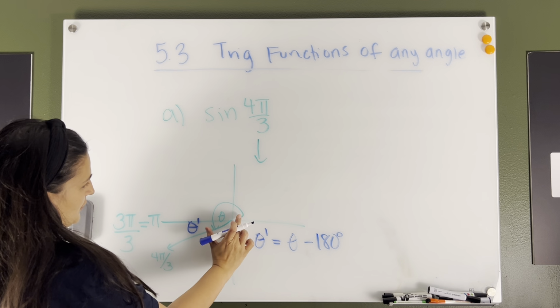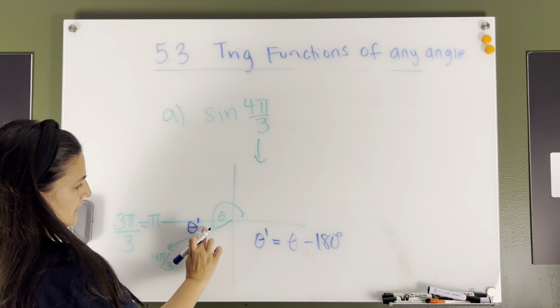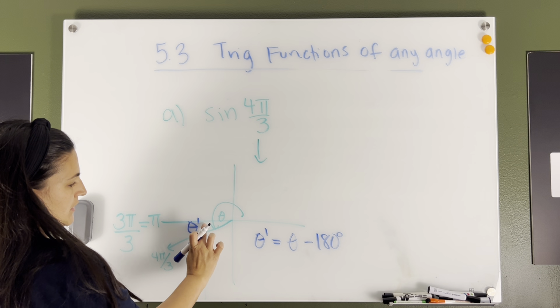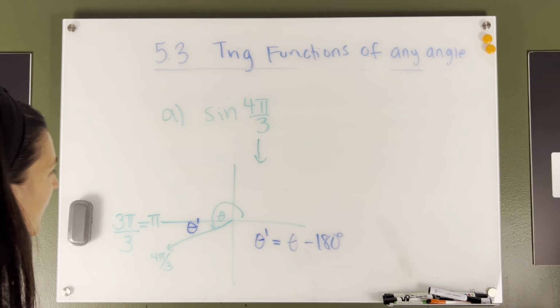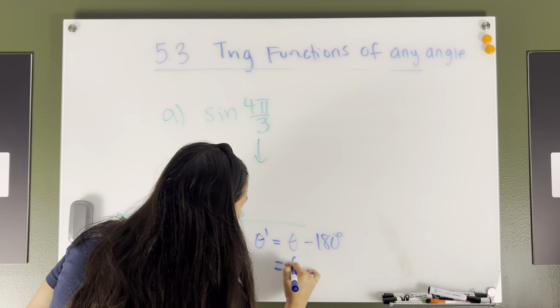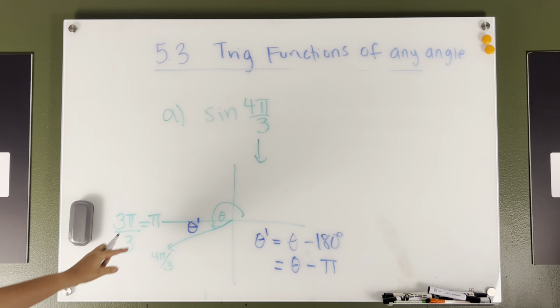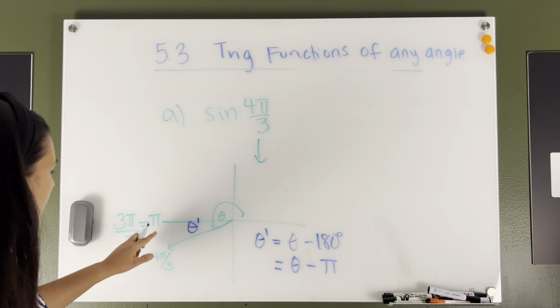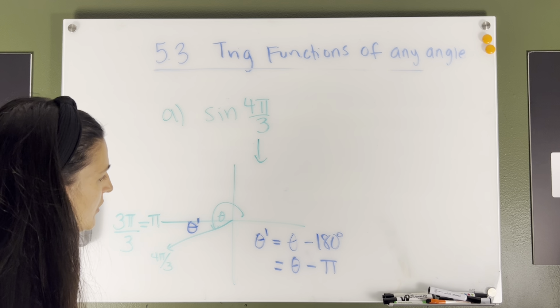If you take all of it, take away the 180 degrees, which is the straight line, you'll just be left with this little portion, which is the reference angle. Because it's given to us in terms of pi, we're going to do theta minus pi instead of theta minus 180. Remember that it's the same thing, degrees versus radians. And so we just have to plug in.